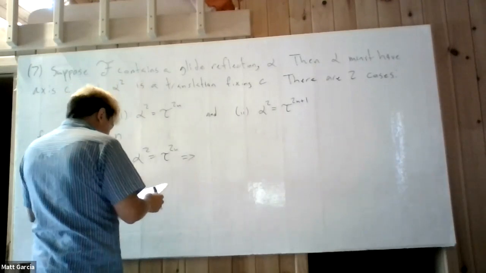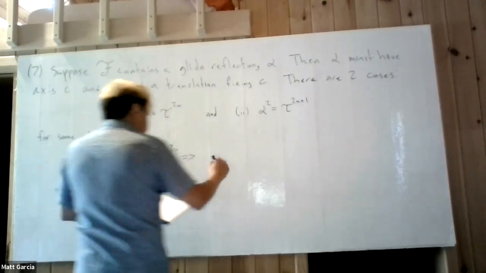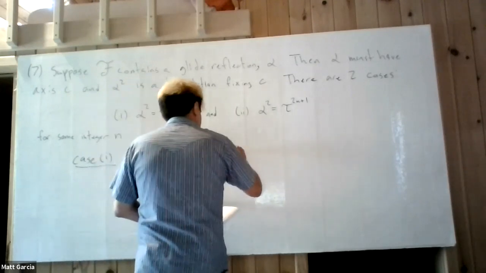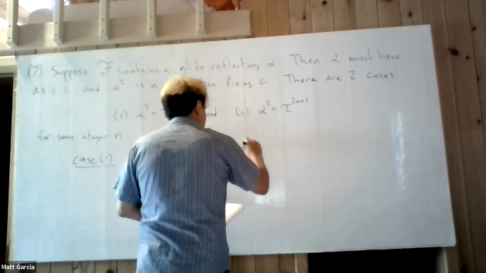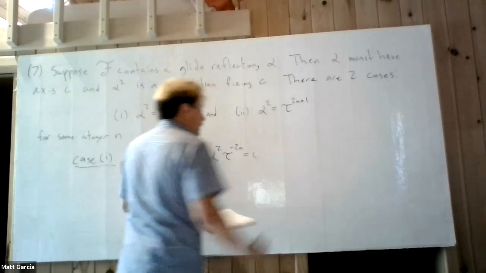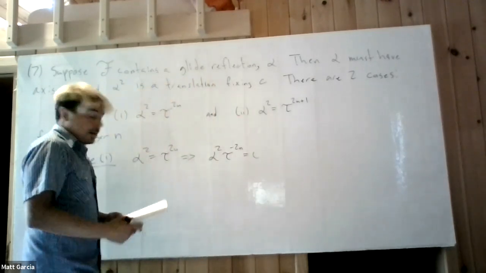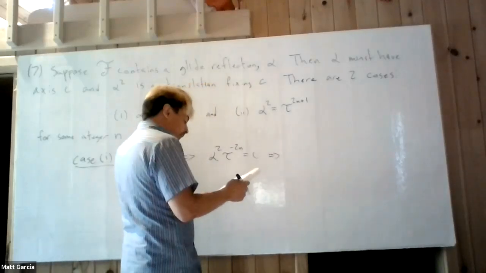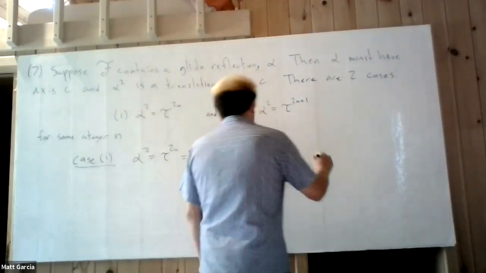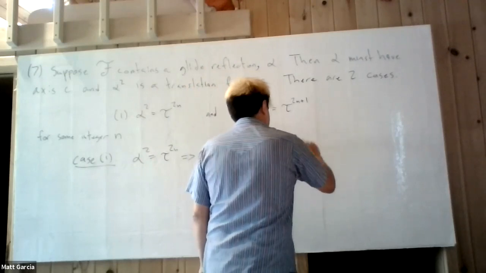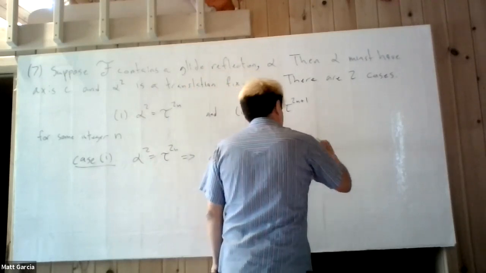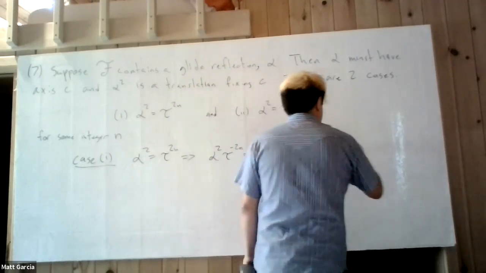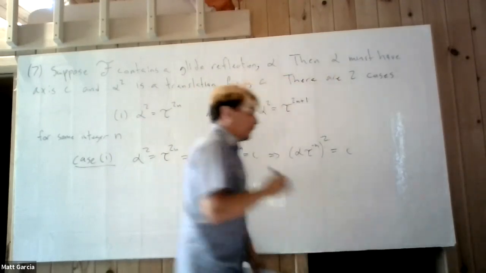Well, just by multiplication, what do we get here? We get alpha squared tau to the negative 2n is equal to iota. And just slightly rewriting this, we see that what this means is that alpha tau to the negative n squared is equal to iota.